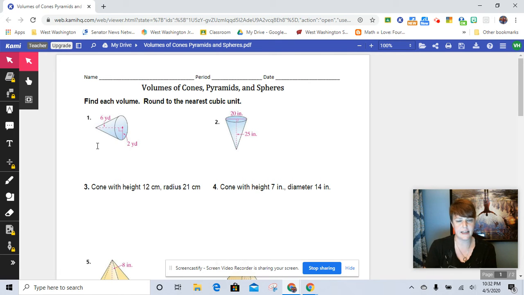If you lay your ice cream cone down, shame on you. But if you lay your ice cream cone down, it's still the same dimension, right? And so it's still that same volume. And so this orientation here is completely arbitrary, which means it doesn't matter which way it's pointing. This part is the height. Okay, so that is what you need to use.